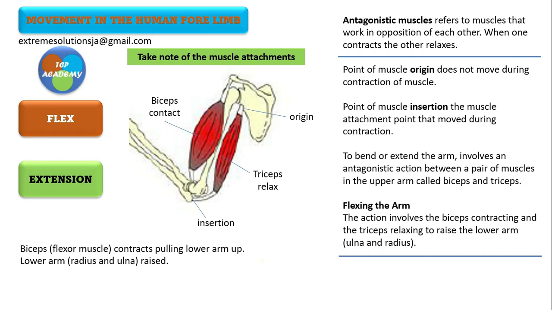We have origin at the top here and insertion at the bottom here. I want you to take note of the muscle attachment for the tricep here, and I want you to also look at the muscle attachment for the bicep here. This would have appeared on a couple of multiple choice papers, and in some cases, students cannot say exactly where the muscles are to be attached.